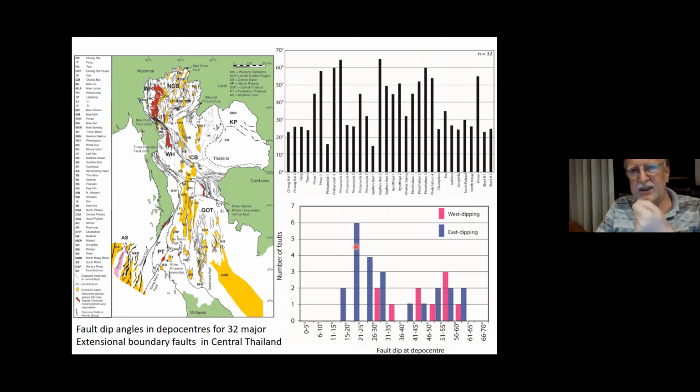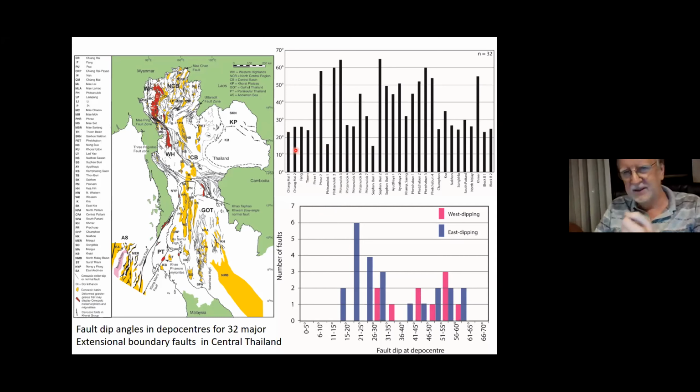And when we look at the major bounding faults of all these basins through here, we see that their dip angles vary between 60, as you'd expect for normal faults, and much lower angle dips between 20 and 30, which, as we know, occur in some normal faults, but it's mechanically difficult to get them to do it.